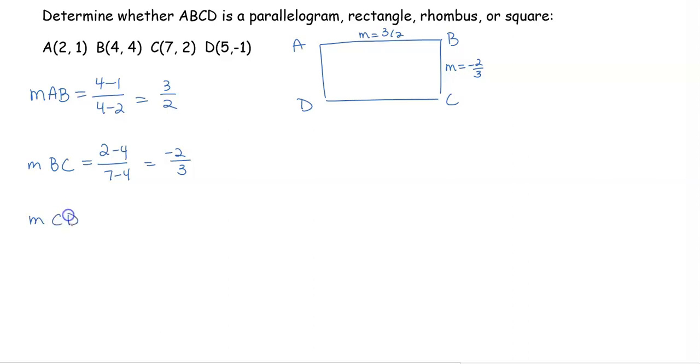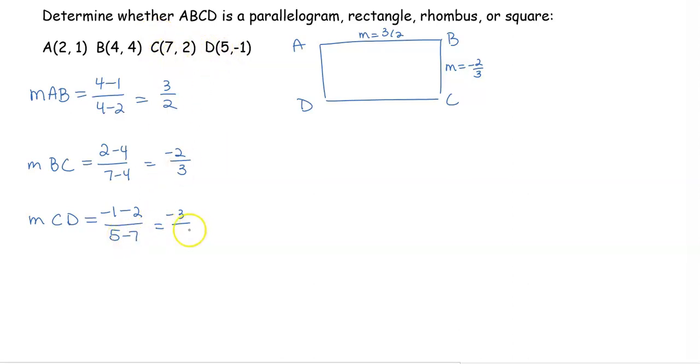And then our next side, slope of CD, -1 - 2, 5 - 7, -3 over a +3. I did something wrong here. What did I subtract wrong? So CD, so -1 - 2, 5 - 7, there we go.